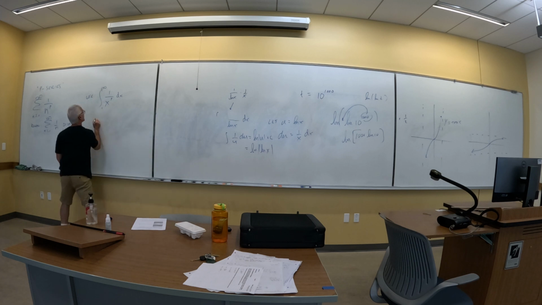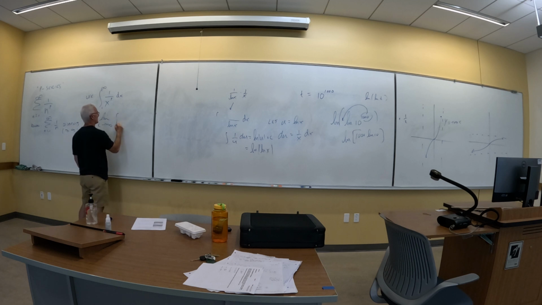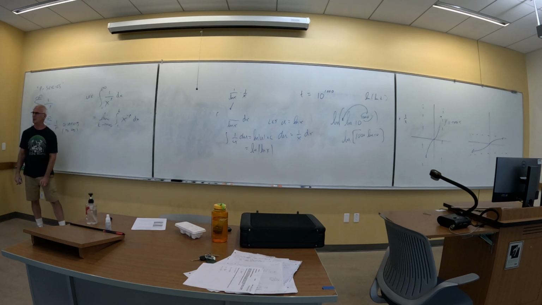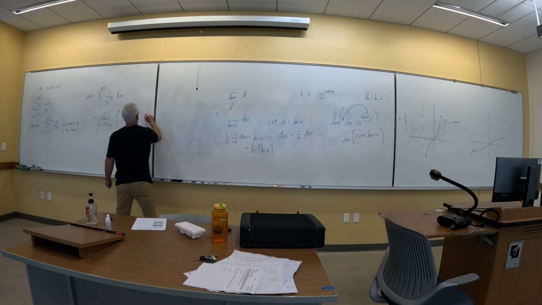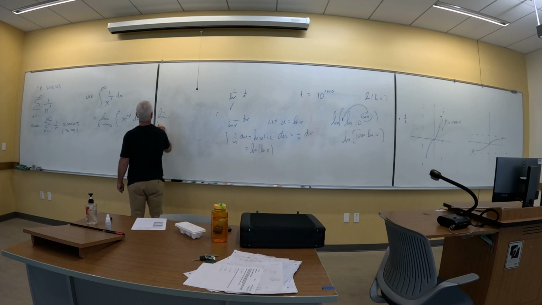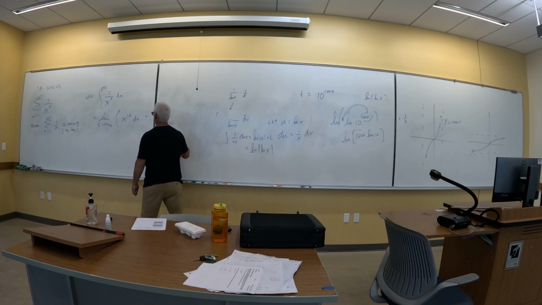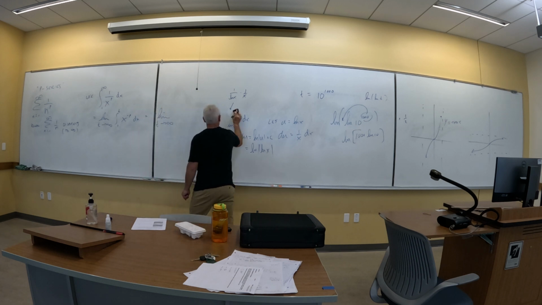Okay? Well, first thing I'm going to do, the limit as t goes to infinity, and how about if I write it as x to the -p? Might make it easier to work with. What is the antiderivative of that?